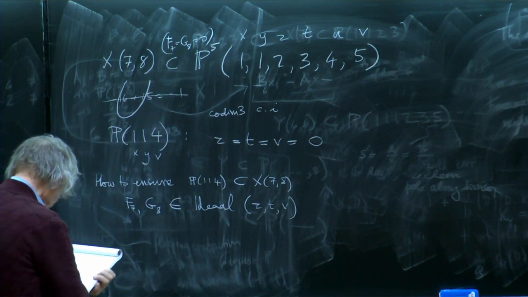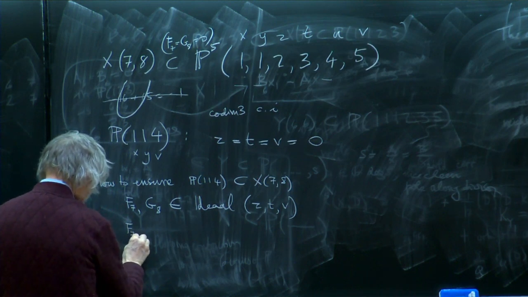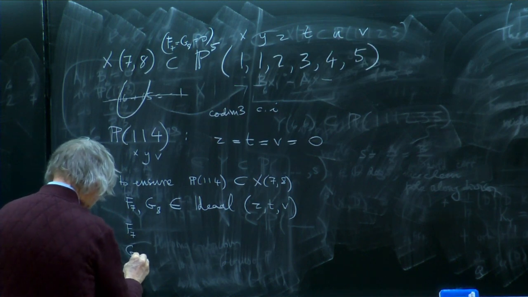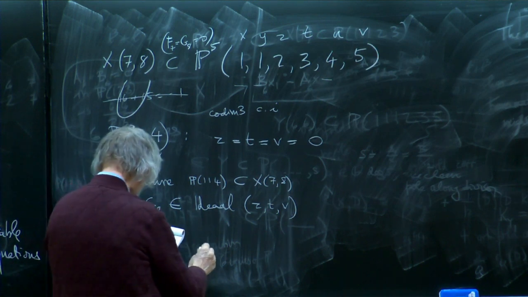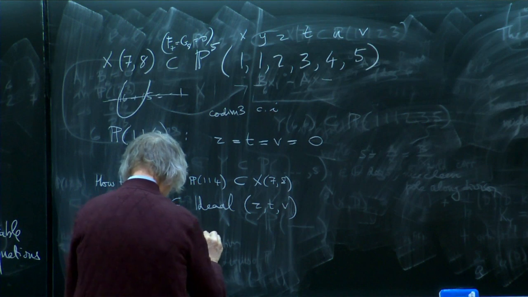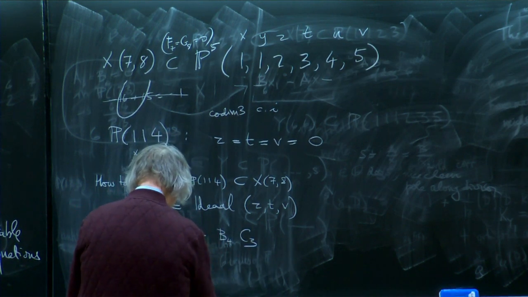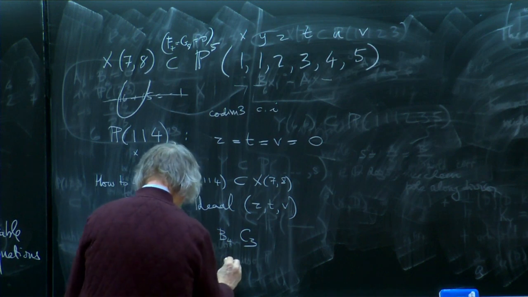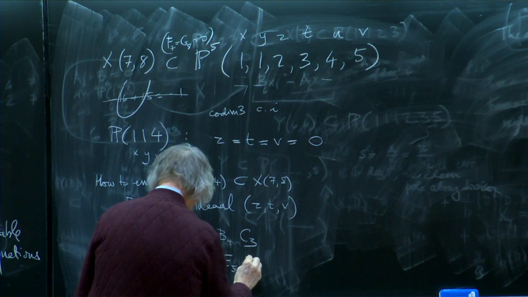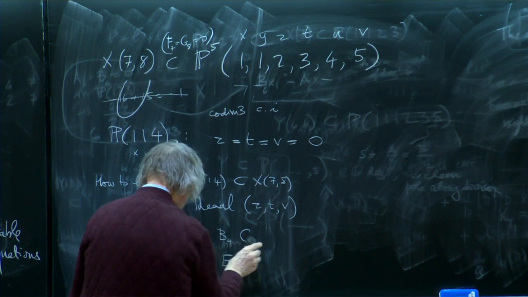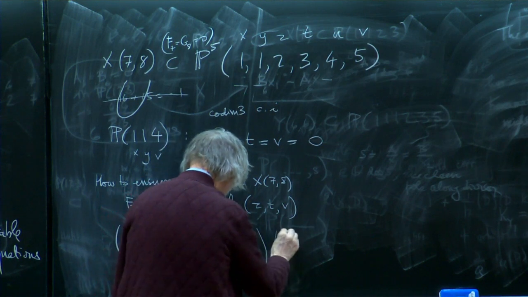And the way to get that is to write F7 and G8 as a vector A5, B4, C3, D6, E5, times ZTV.